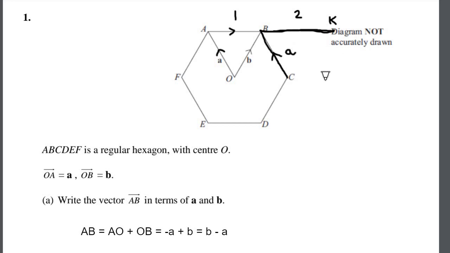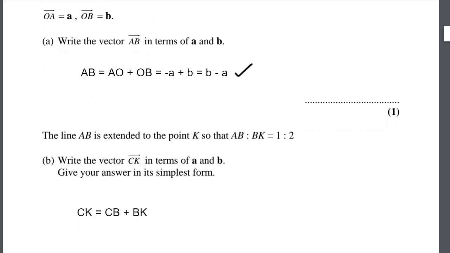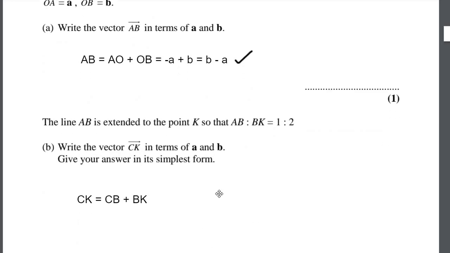And next, let us look at BK. Now BK happens to be twice the length of AB. So we already found the vector AB. So BK will be just twice of AB. So let us write that down very quickly.